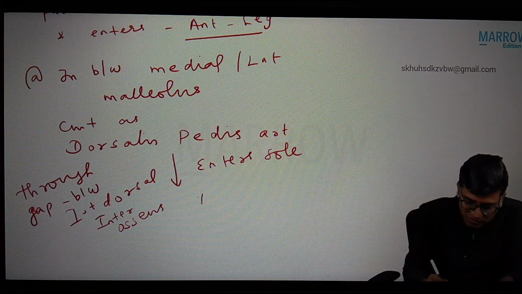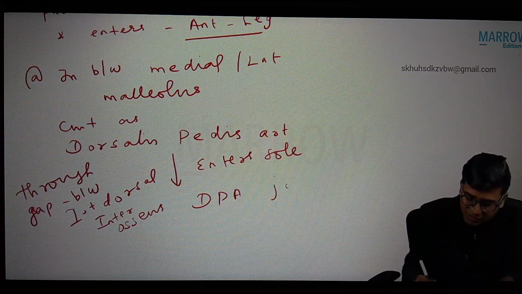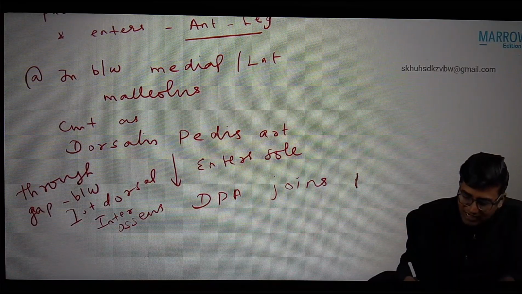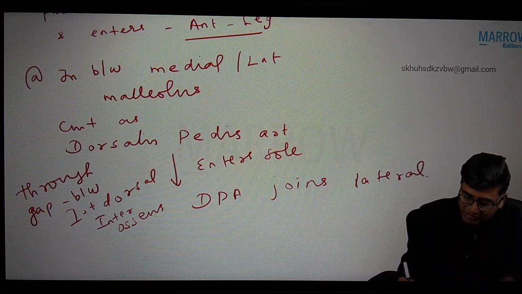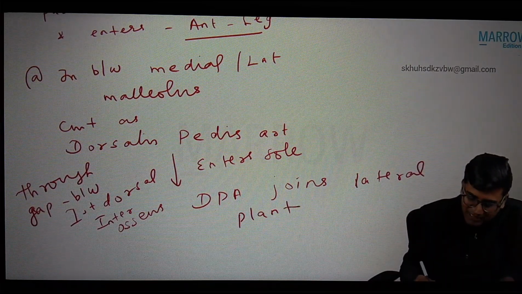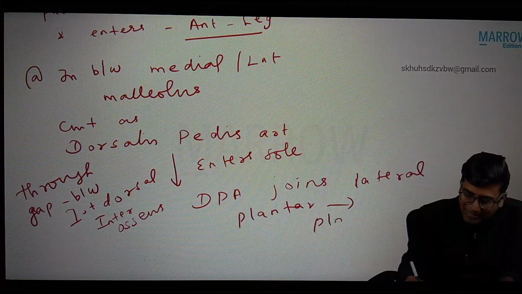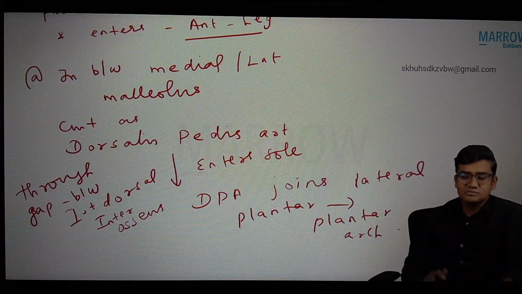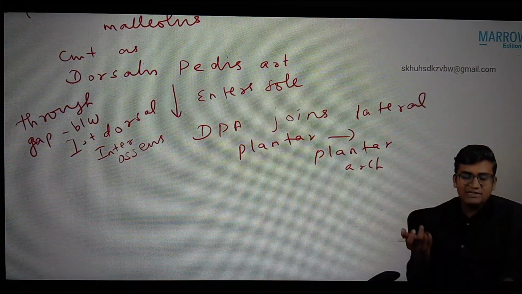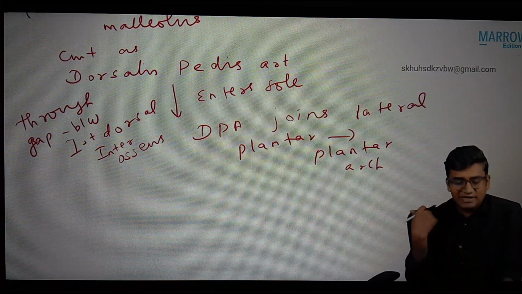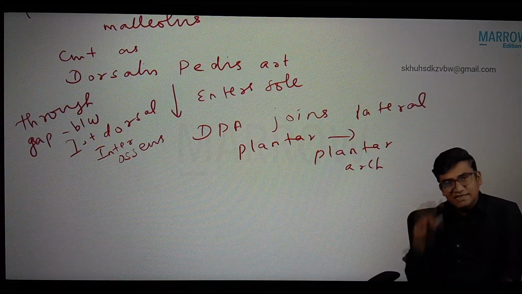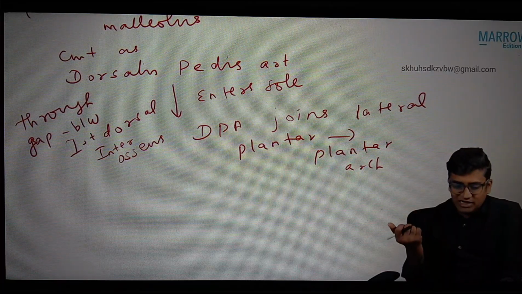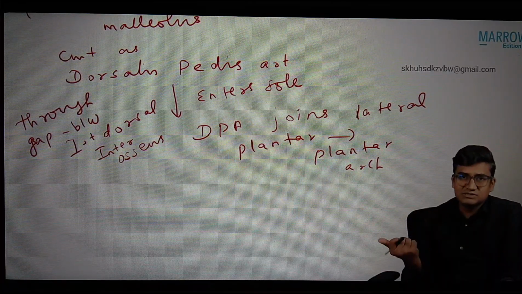And in the sole, dorsalis pedis artery joins with lateral plantar artery to form plantar arch. Okay, so dorsalis pedis artery enters the sole through the gap between the heads of first dorsal interosseous, and in the sole, dorsalis pedis joins with lateral plantar artery to form plantar arch.